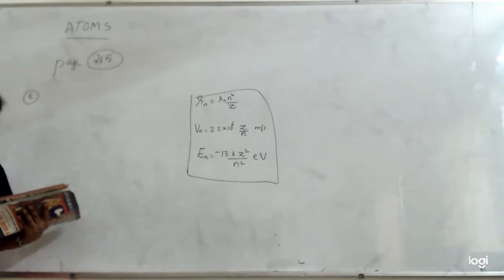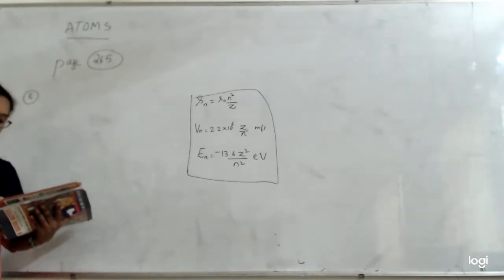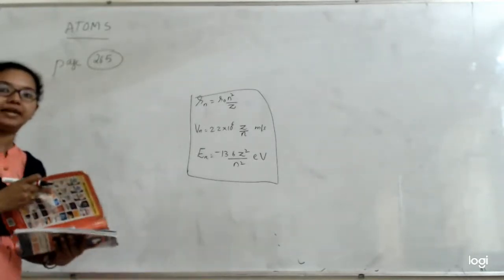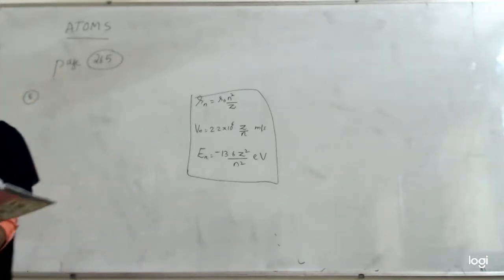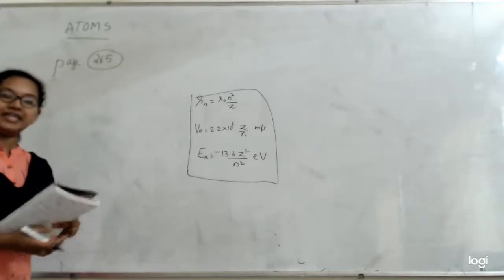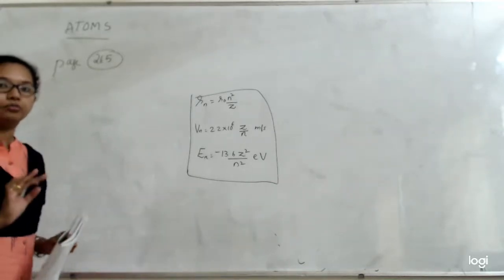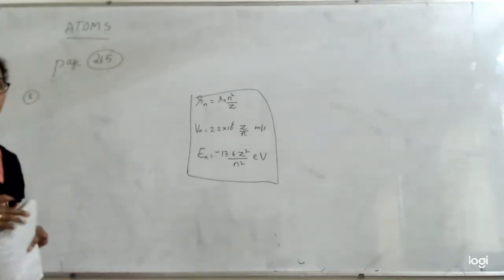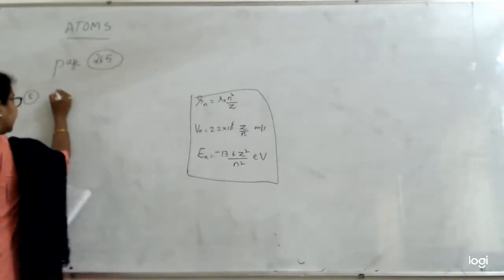The total energy required to ionize the helium atom completely is... So here they are asking us to find the energy required to remove all the electrons of a helium atom. But they gave this case.